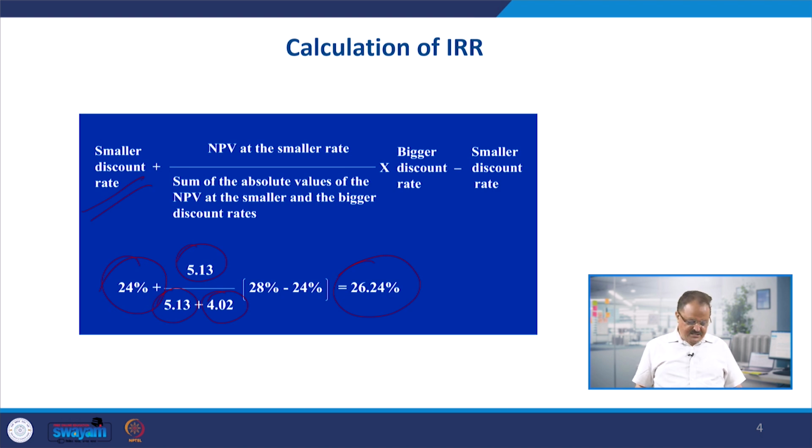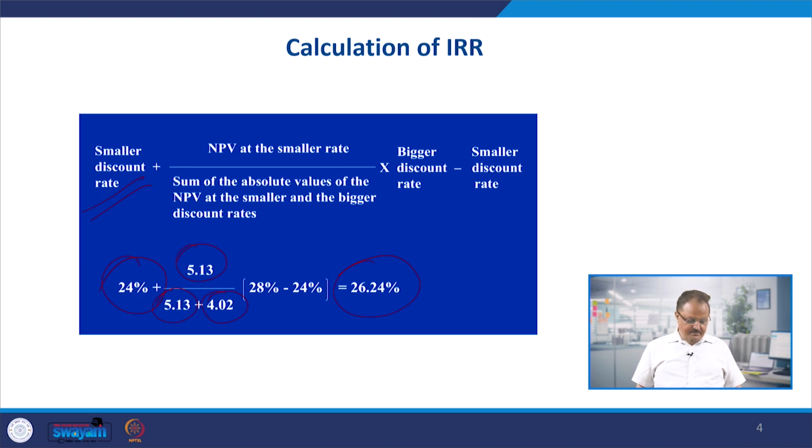Though it was minus 4.02, we do not make it 5.13 minus 4.02; rather, we sum it up. The summed up value of 5.13 and 4.02 is the sum of the absolute values of the NPV at the smaller and the bigger discount rates.